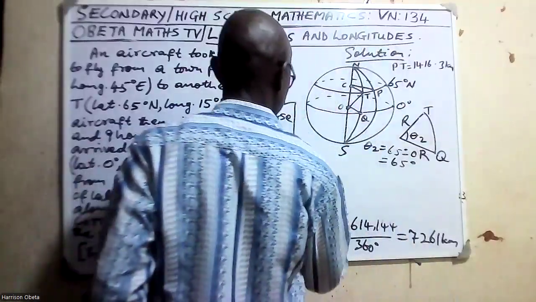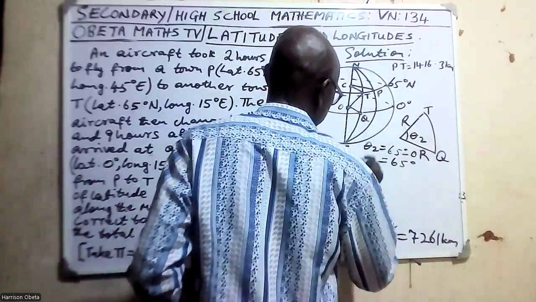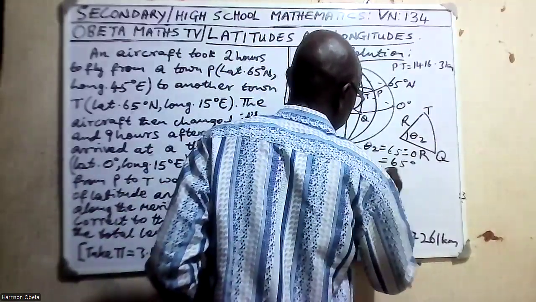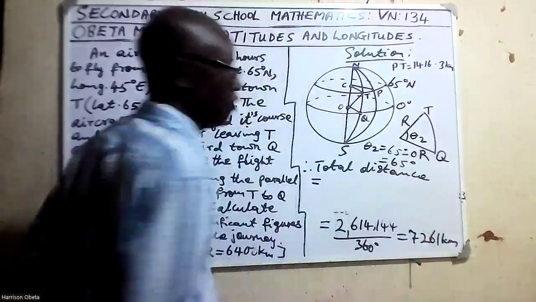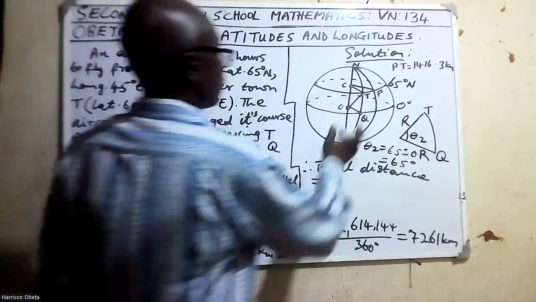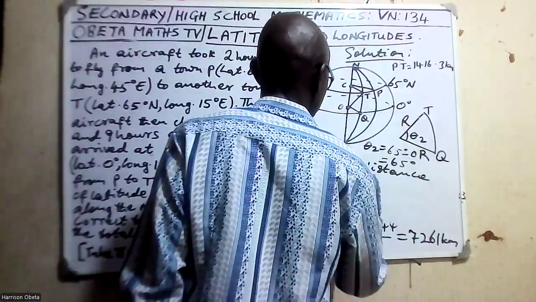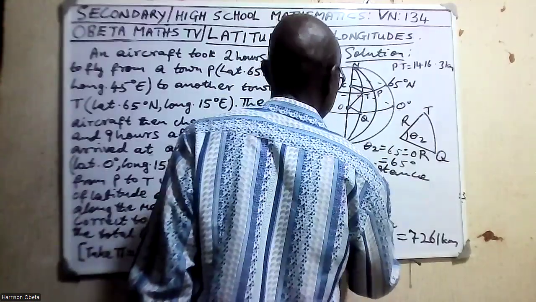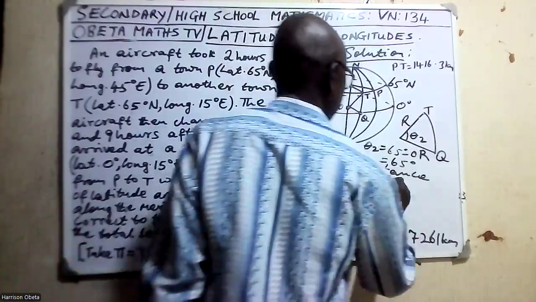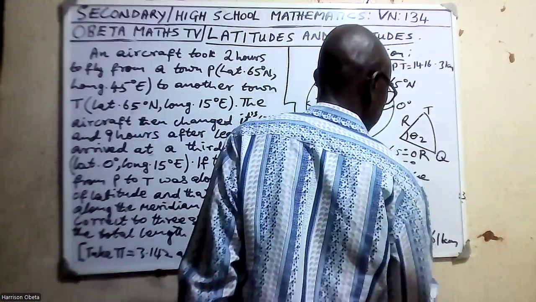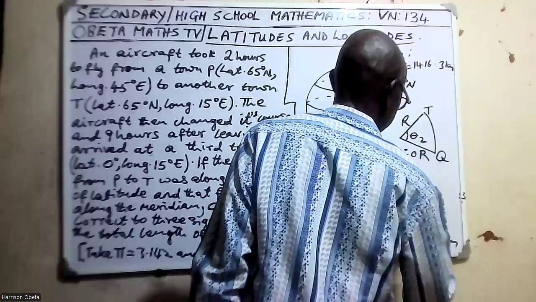There we have, therefore, total distance is equal to, we have to add the 2, from P to T is 1,416.3 plus 7261.